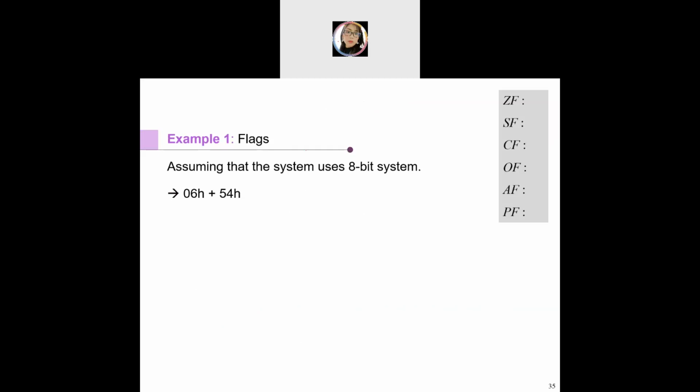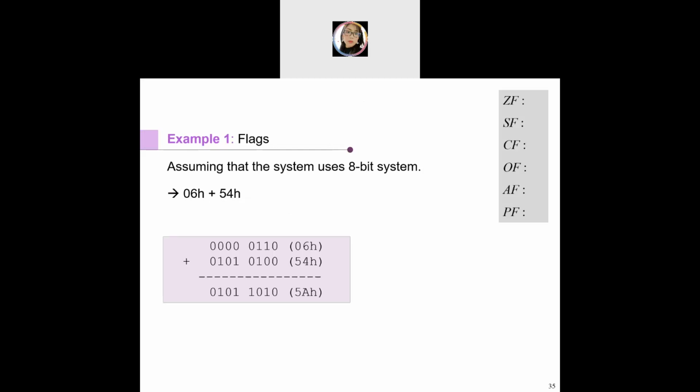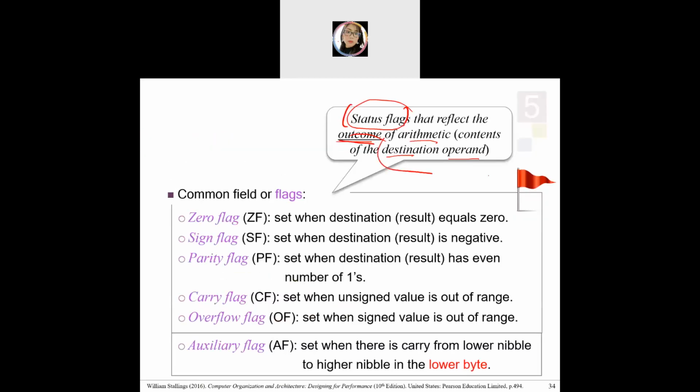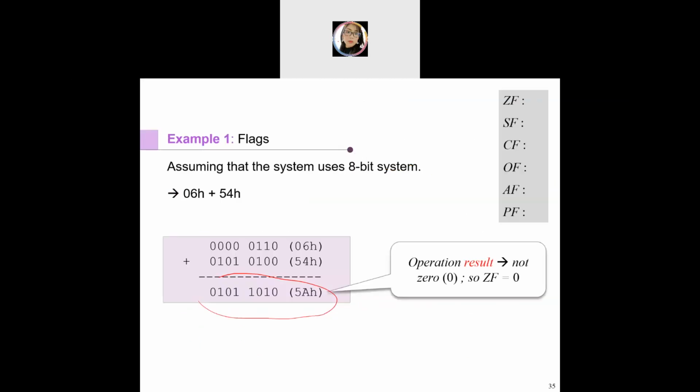Assume that you are using an add bit system. You're going to add these two numbers. So when you add these two numbers, what happens? You're going to store this into your destination operand, so it will affect your flag.